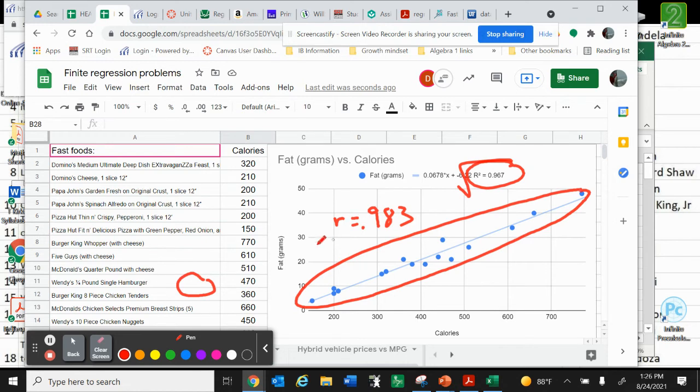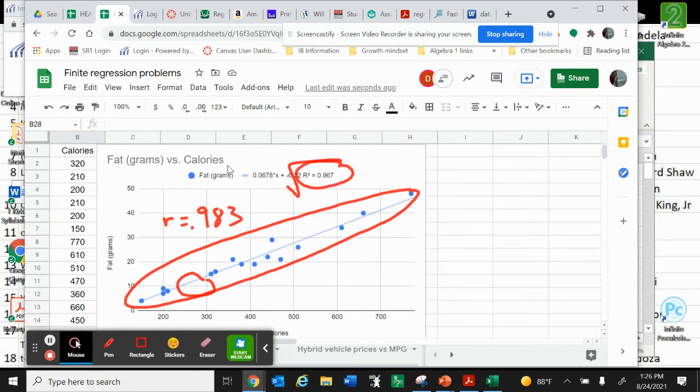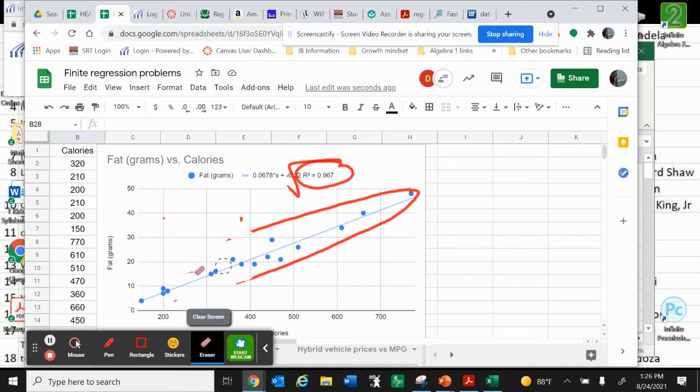Okay, so again, let's go back and review the steps. All you do is highlight all of your data and go to Insert Chart. Okay, so if the data is not there, you have to type it in yourself.